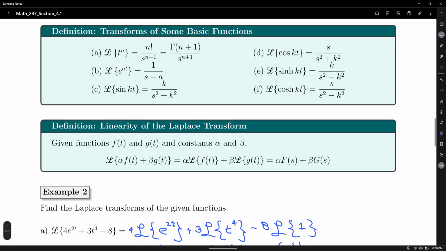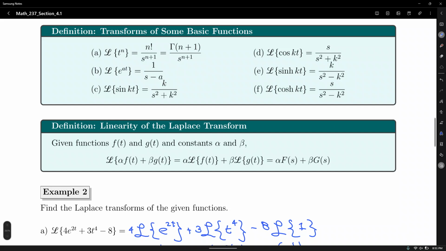The Laplace transform of the cosine function is s divided by s squared plus k squared, where k is the number that multiplies t, quantity squared. And the Laplace transform for the hyperbolic sine function is k over s squared minus k squared, where k again is the number that multiplies the variable in the argument of the function.